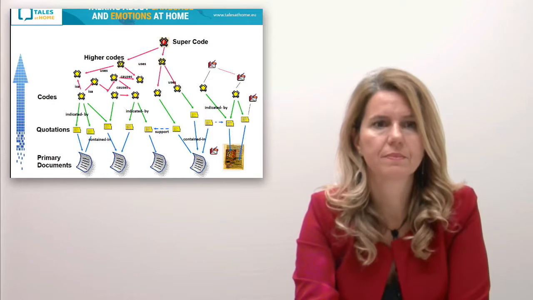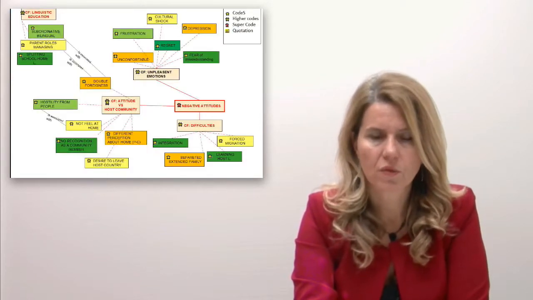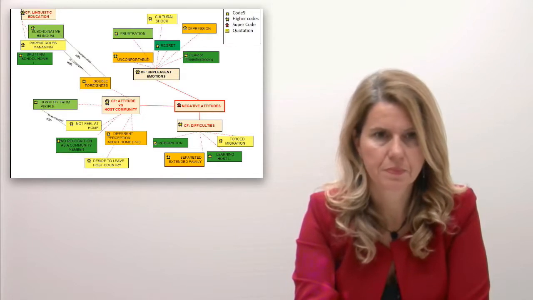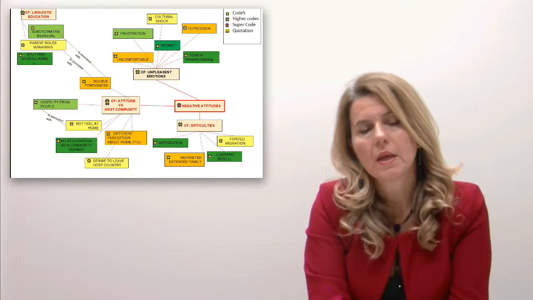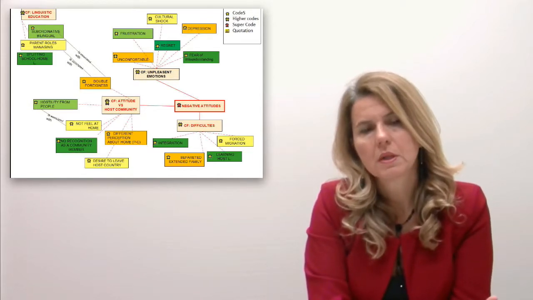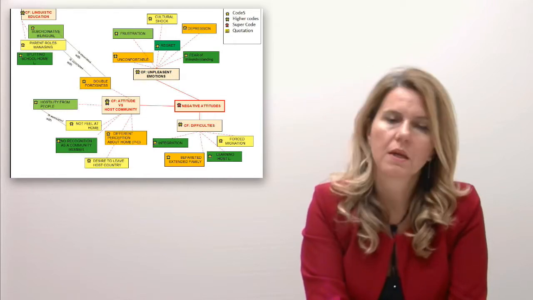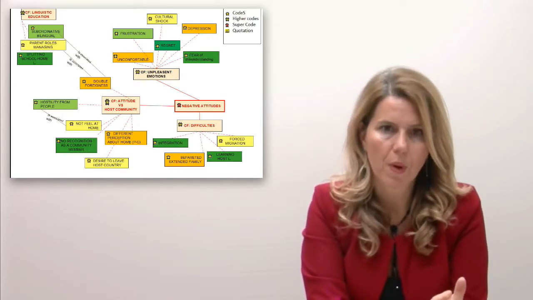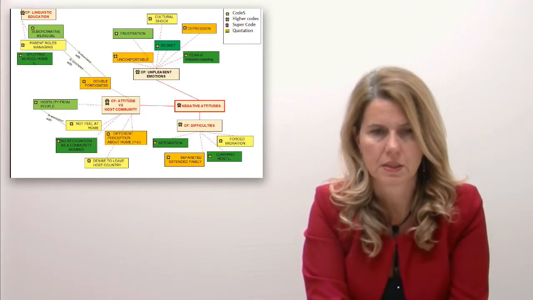Ok, let me show the results of the qualitative analysis. We classified the family background in 2 big parts: the negative attitudes, and then we will see the positive attitudes.